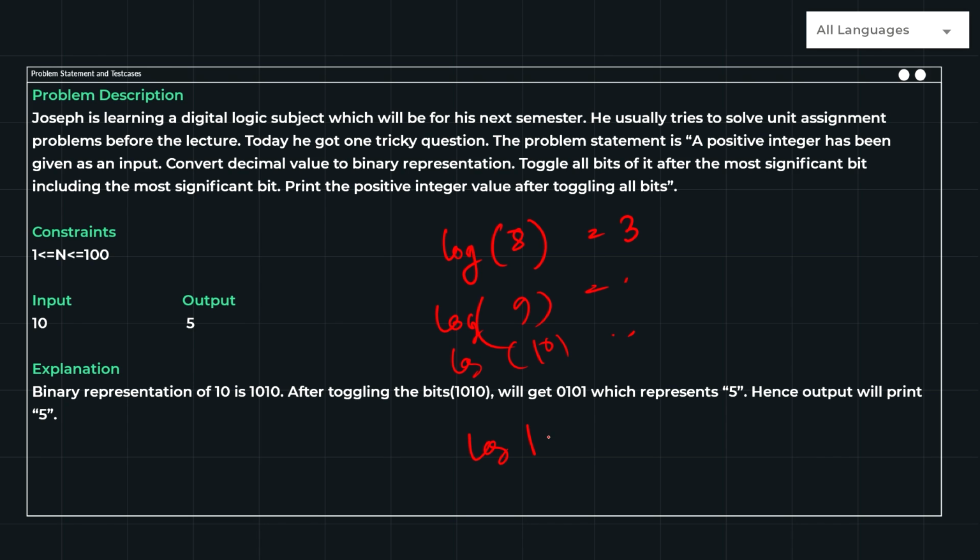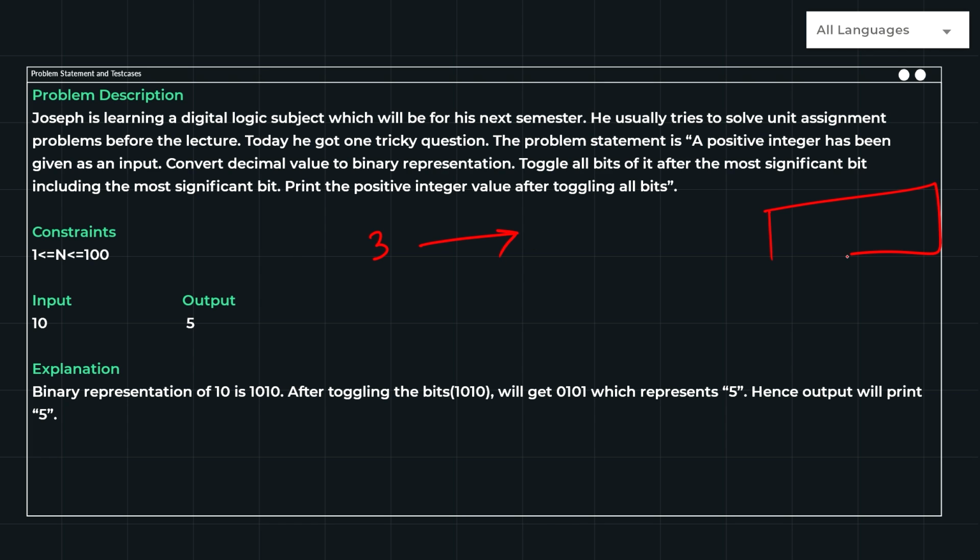In this way, after log of 16, where the base is always 2, you don't have to worry about that because it is a computer, and log of 16 will be 4. So all the values here will be somewhere between 3 and 4. So whenever we are getting something like 3 or more, we know that there are 4 bits.